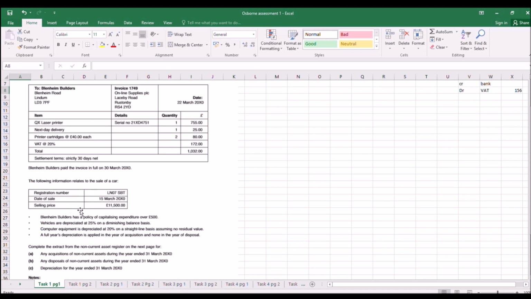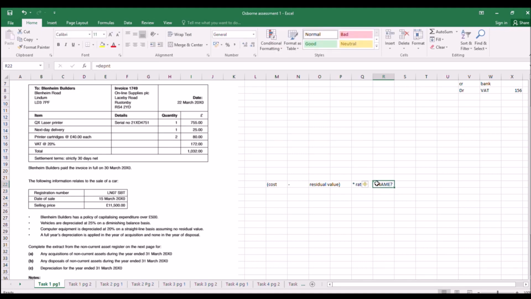Alright, so computer equipment is depreciated at 20% straight line, assuming no residual value. So why is it saying assuming no residual value? We would normally go cost minus residual value, that in brackets, times by the rate, is depreciation on a straight line calculation.